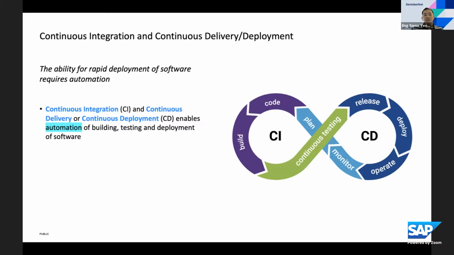This is what enables automation of the building, testing, and deployment of software. As you can see in the graphic on the right-hand side, it's a cycle of building, testing, and releasing, and then it's a continuous cycle. These days, CI/CD capability is a must-have for IT organizations across all industries. They want it, they need it.